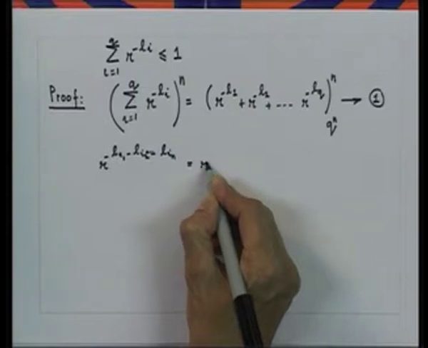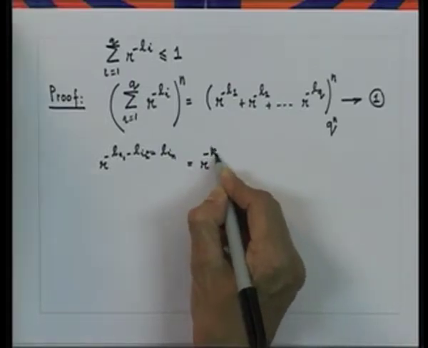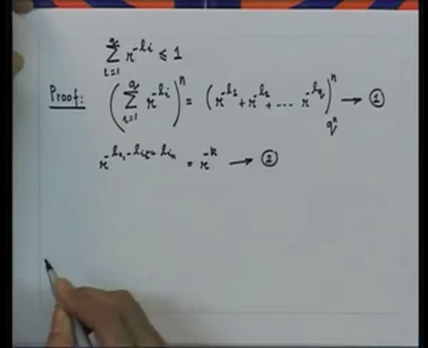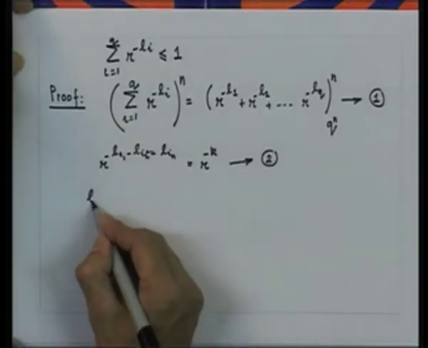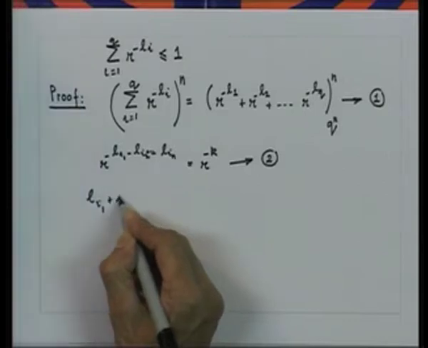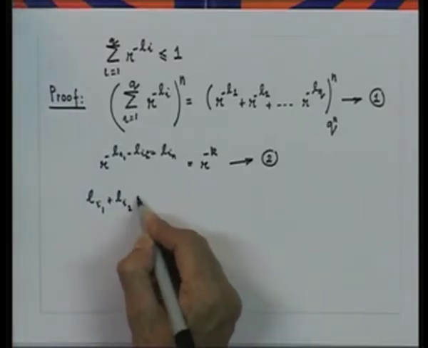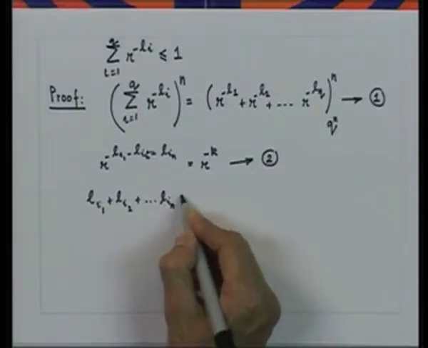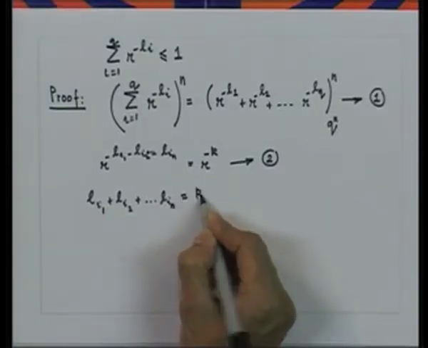This will be equal to r raised to minus k, where by definition li1 plus li2 plus ... plus lin is equal to k.